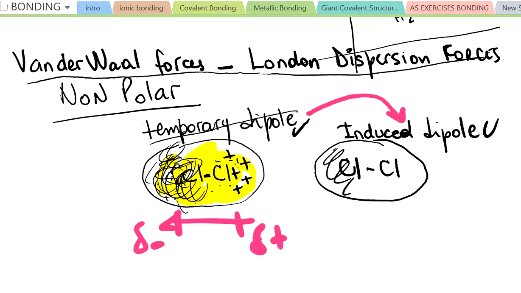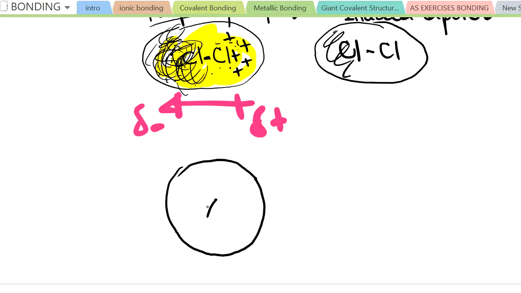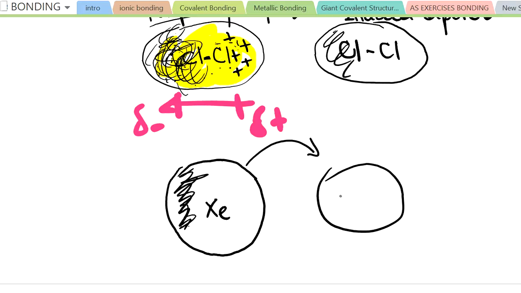multi-atom molecules. It happens also in cases of the noble gases, the big noble gases like xenon, for example. Xenon has so many electrons around it that eventually the electrons, and I think argon does it too, and xenon is going to produce a temporary dipole that again is going to produce an induced dipole in another xenon atom, and they are going to form what we call London dispersion forces or van der Waals forces.